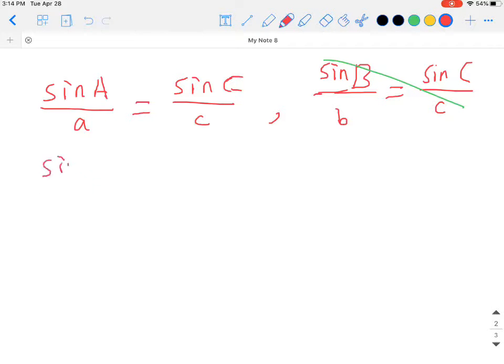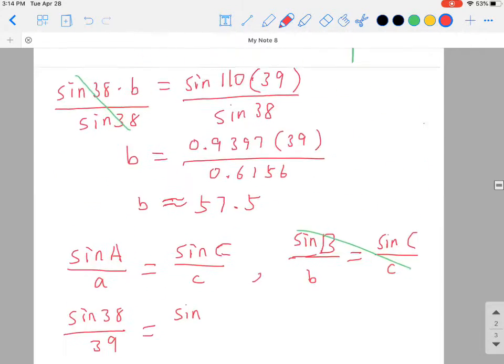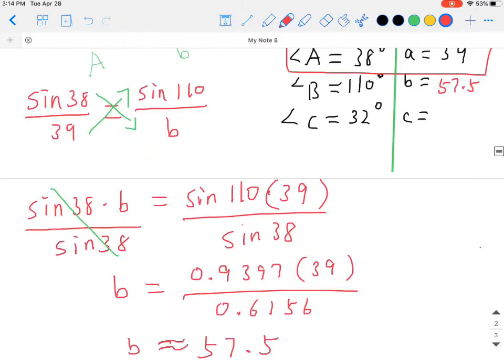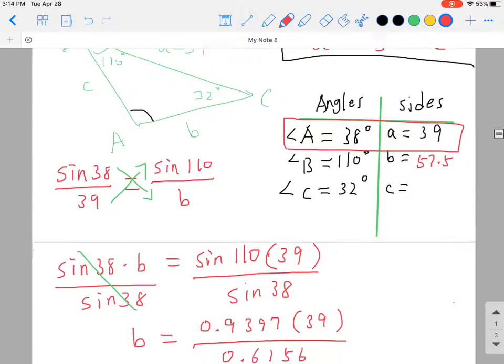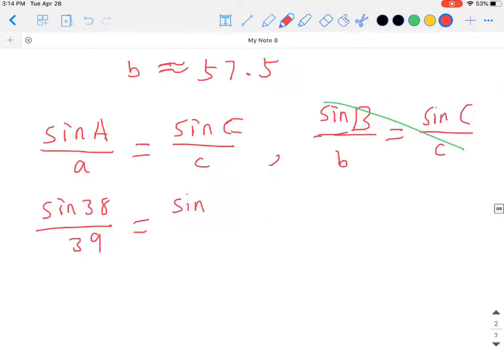Sine A is sine 38 over 39, equal to angle C, which is 32 degrees, so sine 32 over the side c.